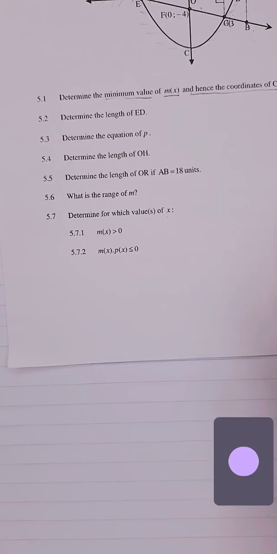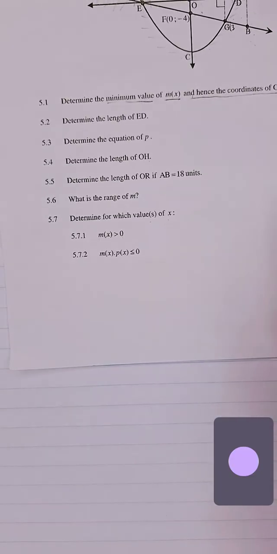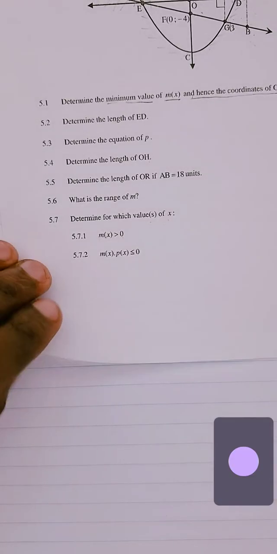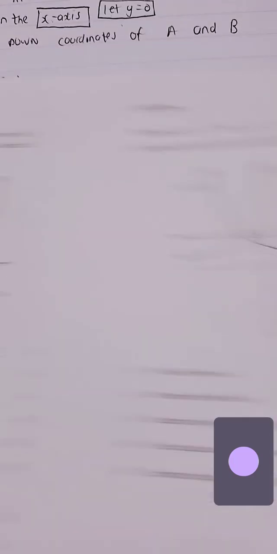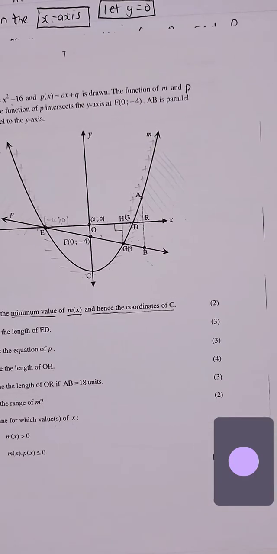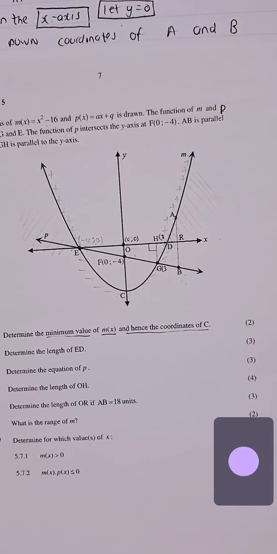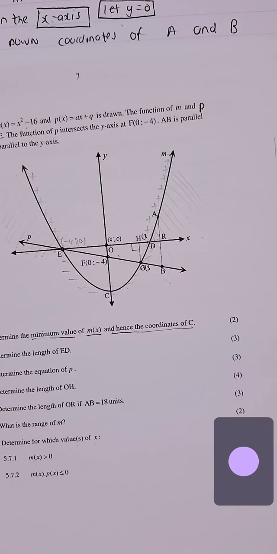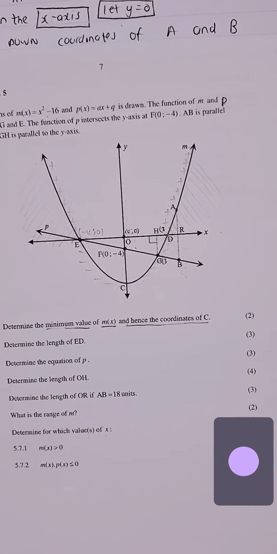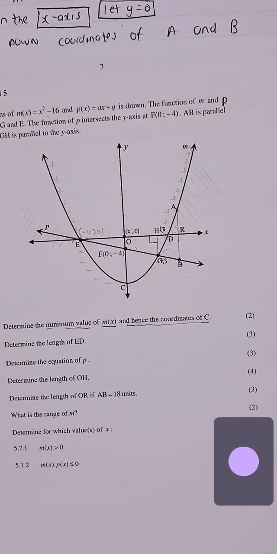Is it the same thing as asking where the function increases? No, it's not. They're not asking where the function increases. They are asking where the function is positive, where the function has positive y values.